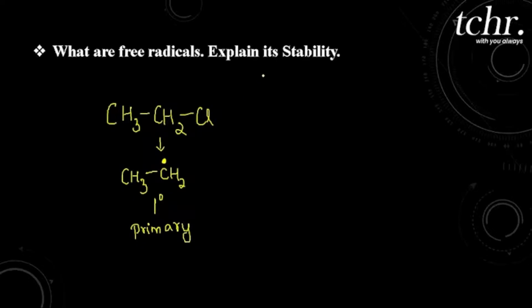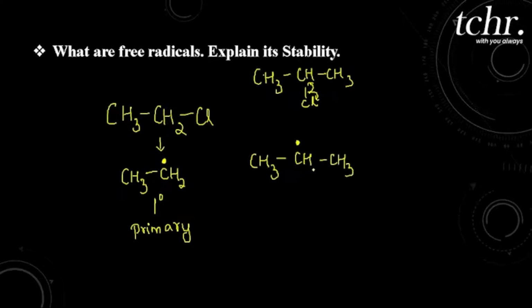Now if a compound is like this, that is isopropyl chloride, here the cleavage happens, symmetrical cleavage, and you get a free radical like this, with the unpaired electron on the middle carbon, the CH carbon. Now what is this called? This is called a secondary free radical.